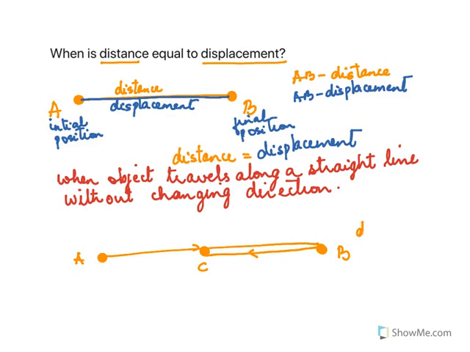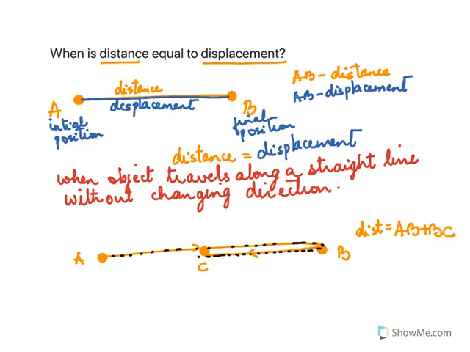We know distance is the actual path. So the actual path followed by the object is AB to go up and BC to come back.